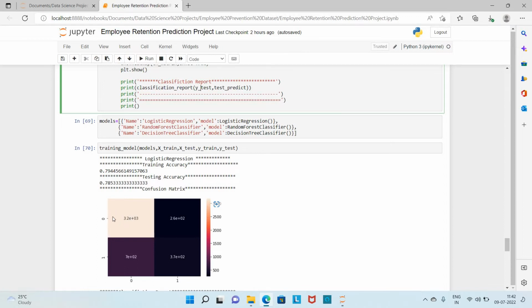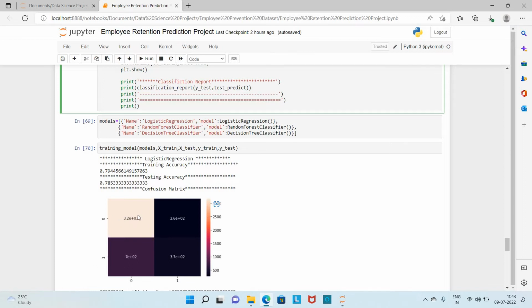This is a true negative. Actually it was negative, and it was predicted negative. The 0 means not relieved. The employee is actually not relieved, and it is predicted as not relieved. It is a true negative: the model correctly found that the event did not happen.